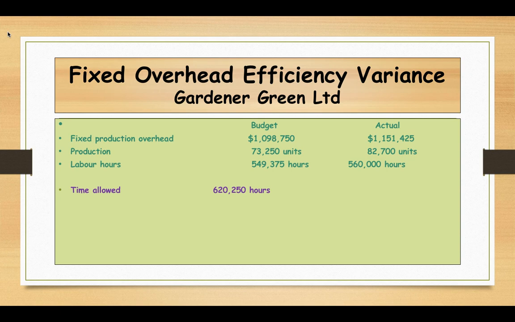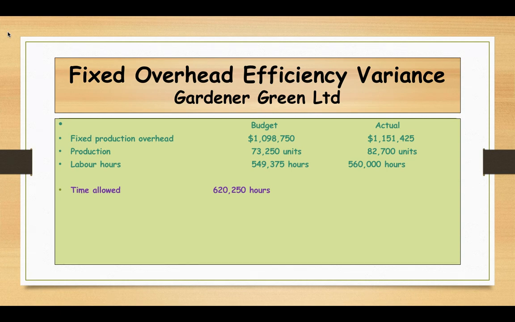So the time allowed is for the 82,700 units they have actually produced. Each unit they should have taken 7.5 hours. We'll see how to calculate the 7.5 hours. Budgeted labor hours is 549,375 divided by the budgeted production, which is 73,250. So we get 7.5 hours per unit.